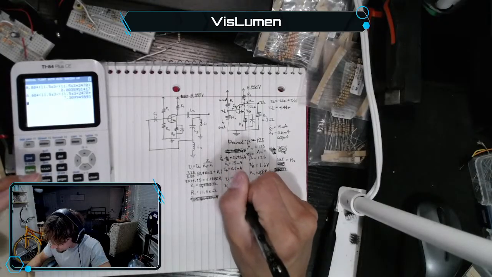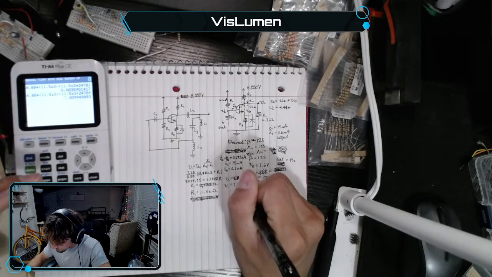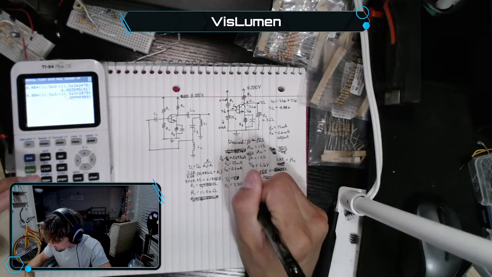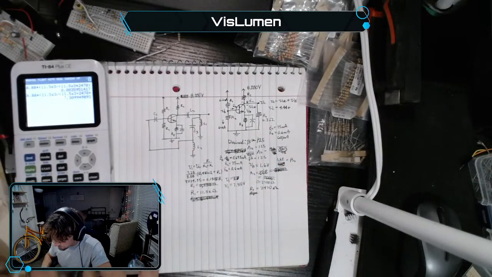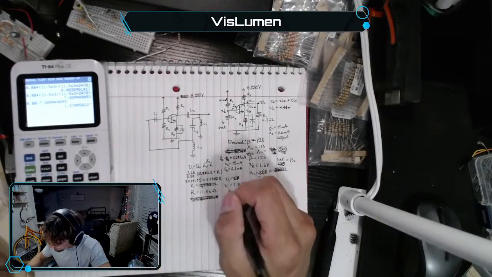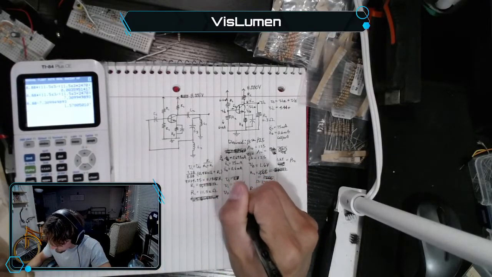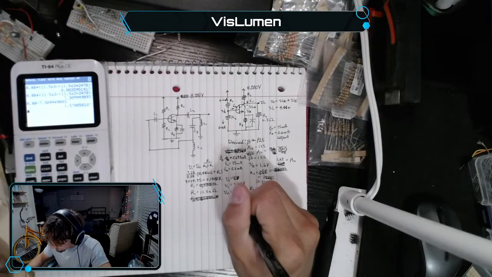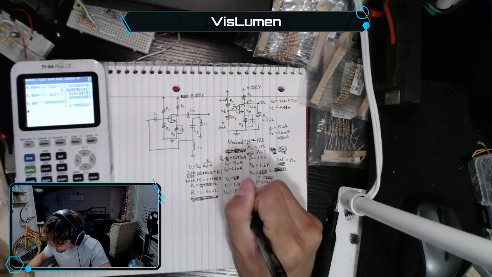V1 equals 7.310 volts. 8.88 minus this, V2 equals 1.57 volts.